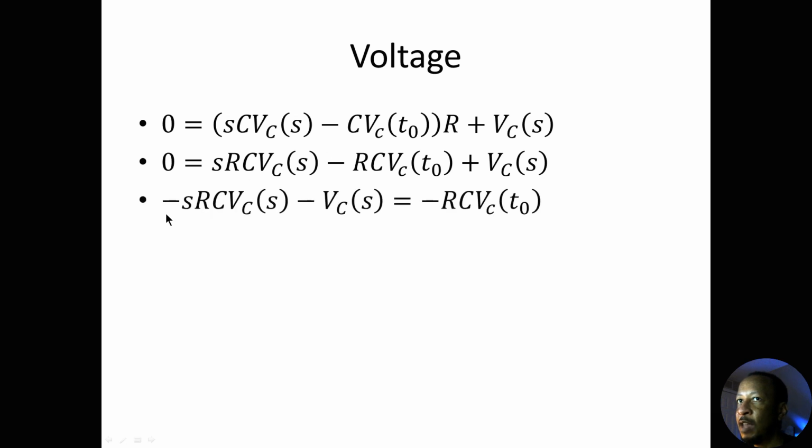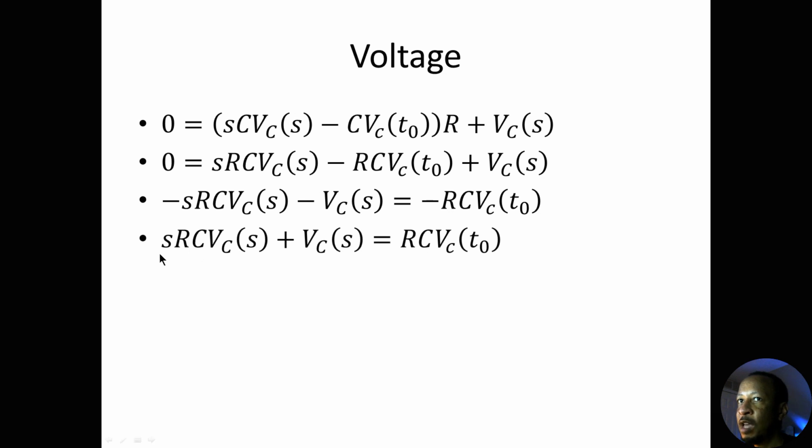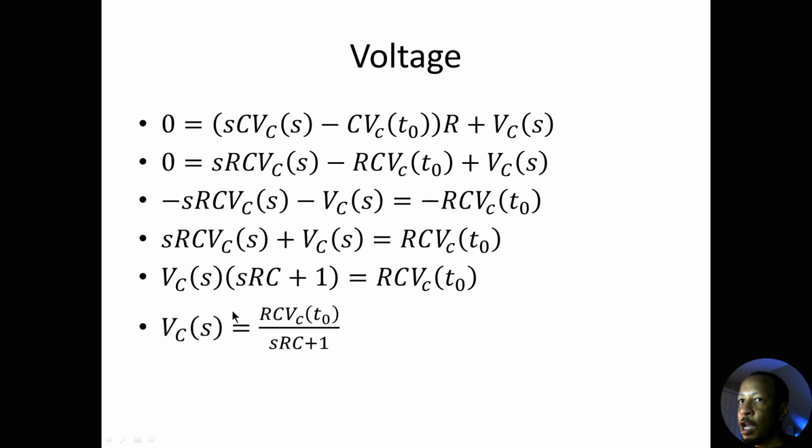And then now we have negative SRC VC of S minus VC of S equals negative RC VC of T sub 0. And then now we have SRC VC of S plus VC of S equals RC VC of T sub 0. And now we have VC of S times SRC plus 1 equals RC VC of T sub 0. And then finally we have VC of S equals RC VC of T sub 0 divided by SRC plus 1.